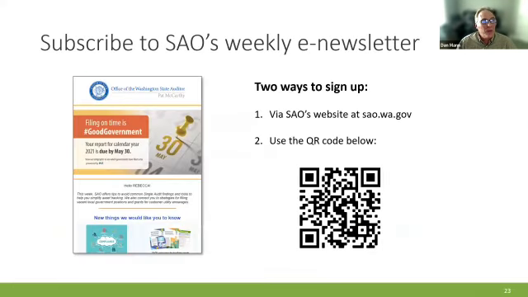One other thing that we have is asking you to subscribe to our bi-weekly newsletter. The QR code will allow you to sign up for it. We comb the websites and newsletters of other reputable sources, and we find interesting articles, whether it has to do with cybersecurity or finances, and we put it in there. We also write our own articles dealing with cybersecurity and financial reporting.